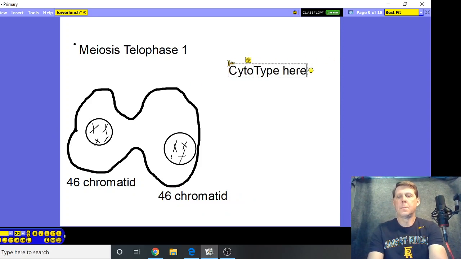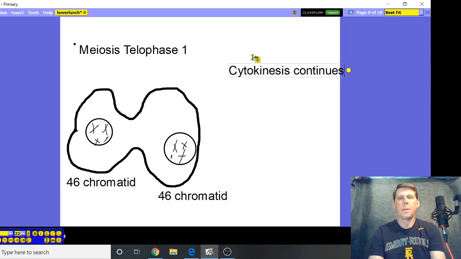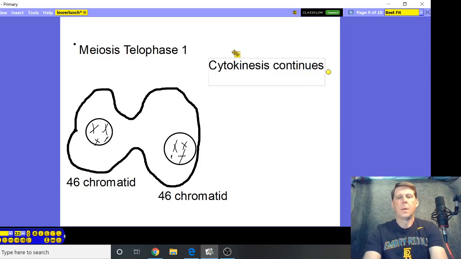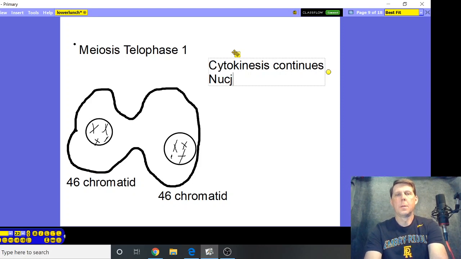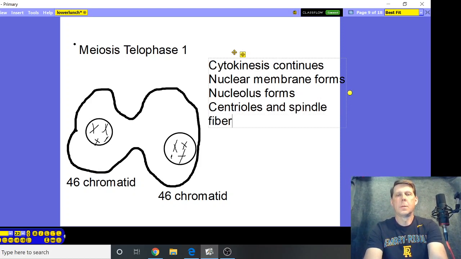Cytokinesis continues. Nuclear membrane forms. Nucleolus forms. Centrioles and spindle fibers go away.